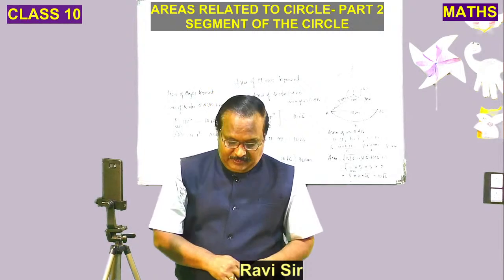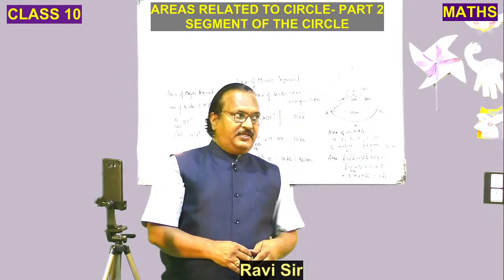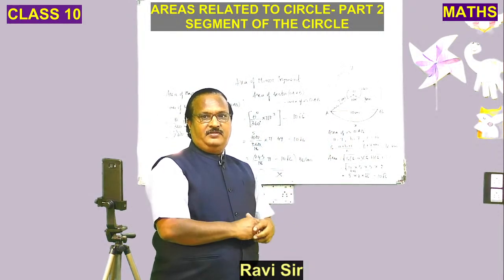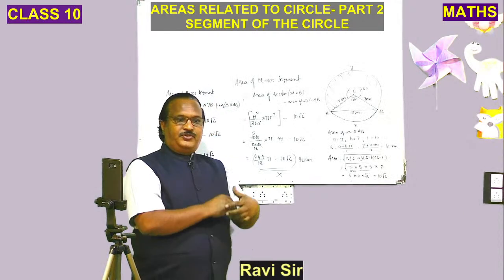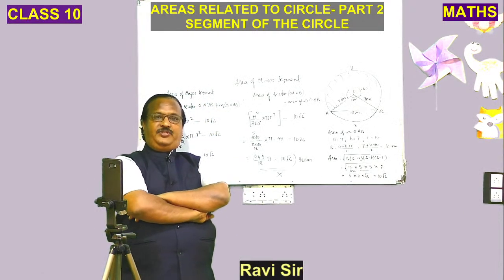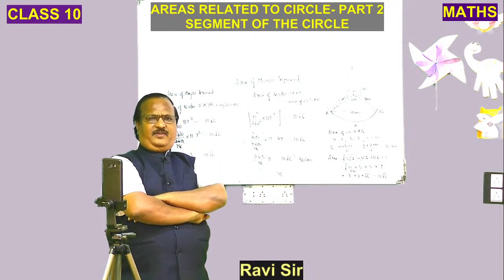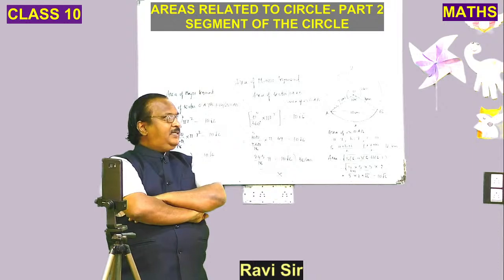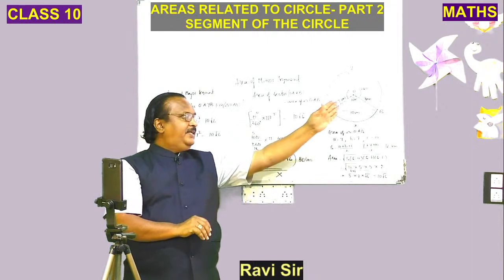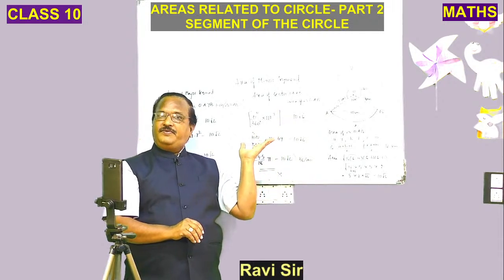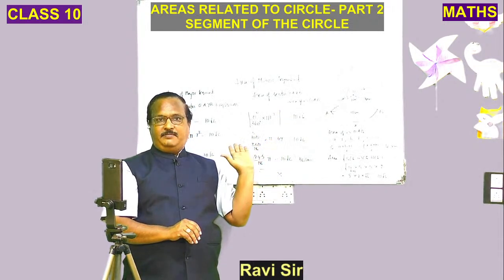So this is a complete understanding of area of the segment. Now applications. I have explained with one question. This is a direct question. Basic students will definitely have this direct question, where they give you the data and ask you to find the area of the segment.